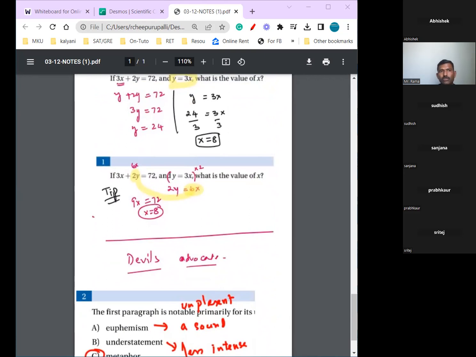Now we can continue building on this. Wait a minute, where's my pen? Hold on, give me one second, okay? Where's my slate? Give me one minute, please.